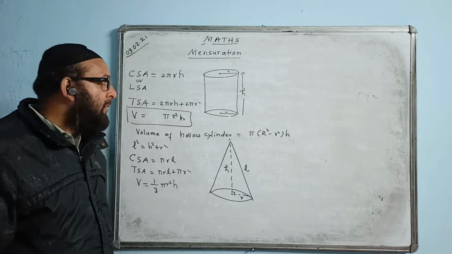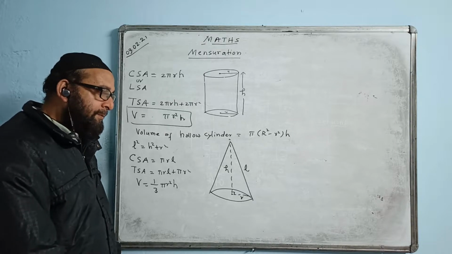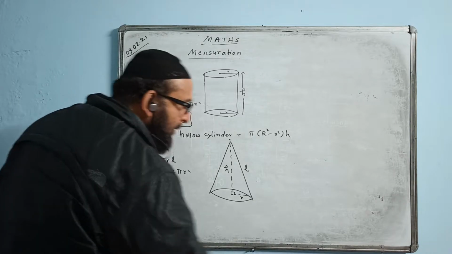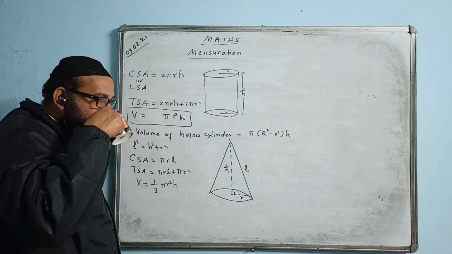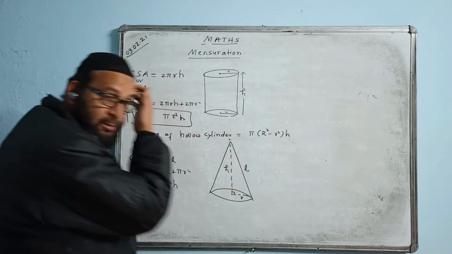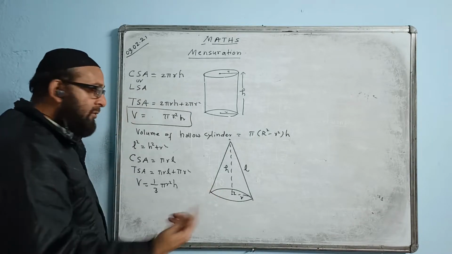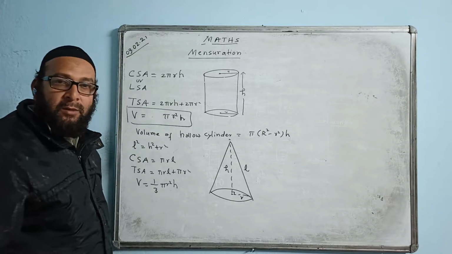Ready? Pi r square, plus this base means circular base. Pi r square.